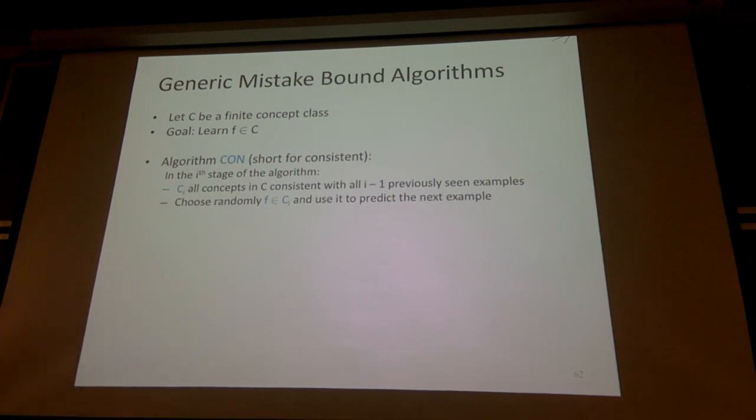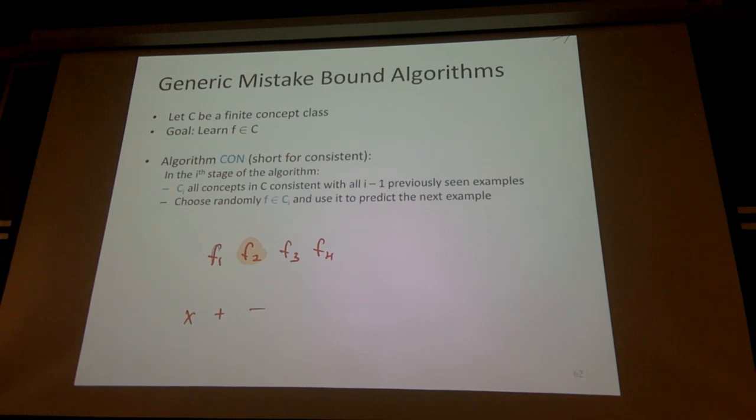So you could have a concept class consisting of, say, 4 functions, f1, f2, f3, f4, and then a new example comes in, x, and it chooses to use f2 because it picked f2 randomly, and f2 makes a prediction. Let's say f2 says plus, and then nature reveals that the true label is really minus.